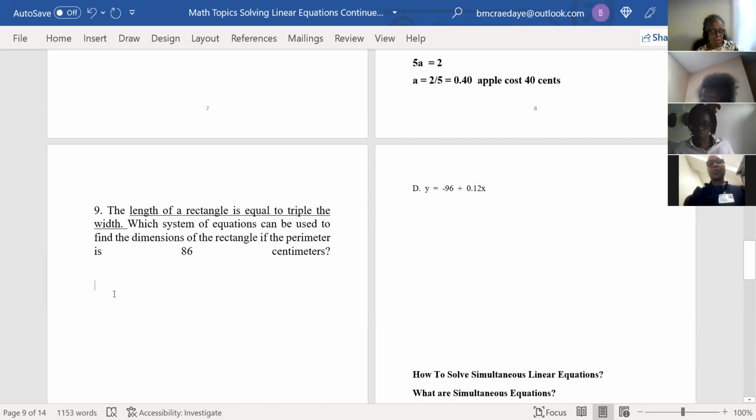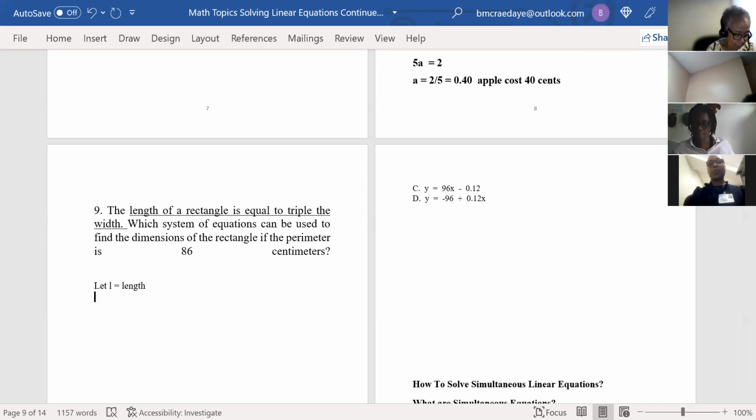So how would I write that the length of a rectangle is equal to triple the width? Let me give you some variables here. Let L equal length and let W equal width.